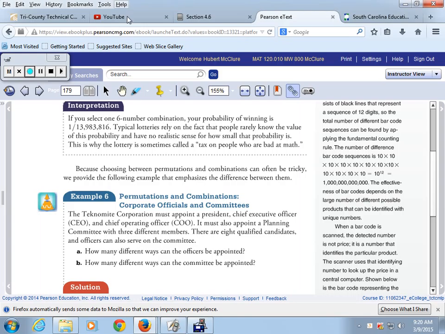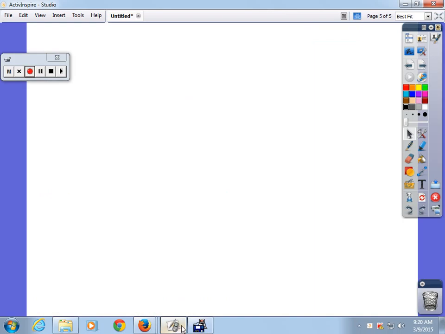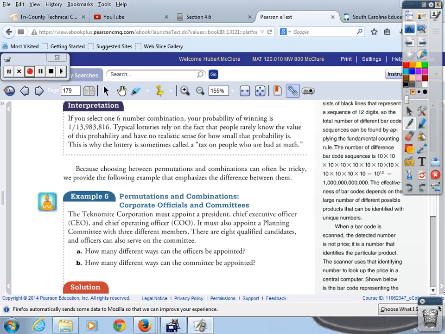To do this problem, real simple. The first one is a permutation, and that means r is going to be 3, and how many candidates? 8. So the first one is the permutation of 8 taken 3 at a time, and that would be your president, vice president, and executive, whatever.